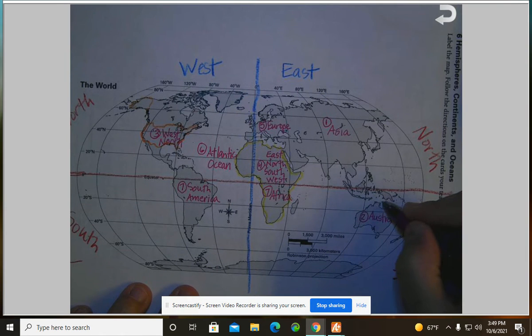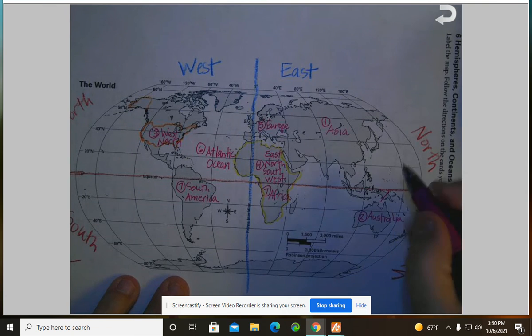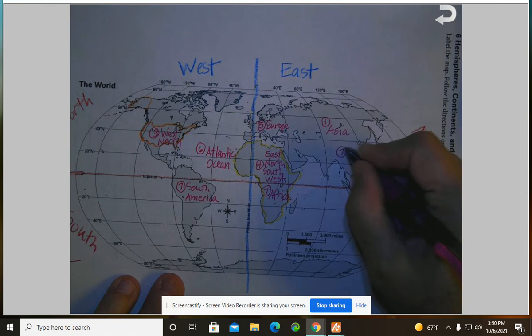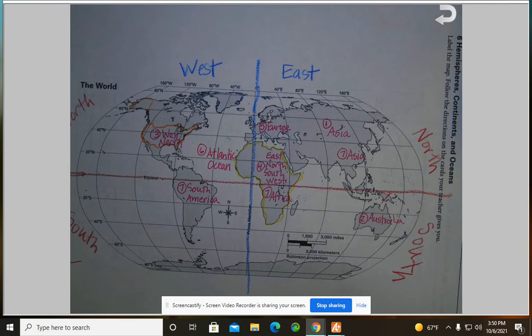Looking at this map on page 6, we know all of this is Asia. So the equator actually does not even touch Australia. So number 7 is also Asia.